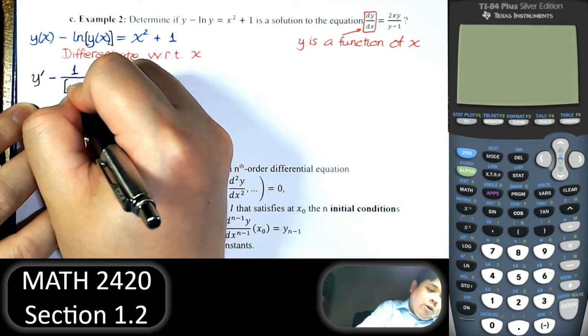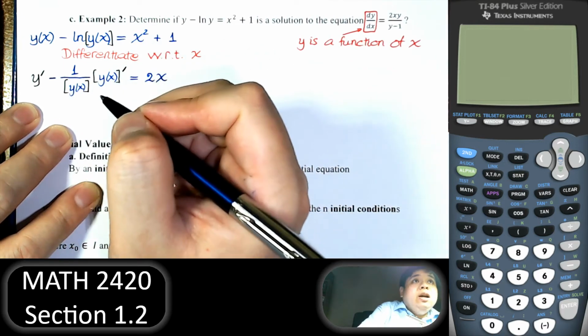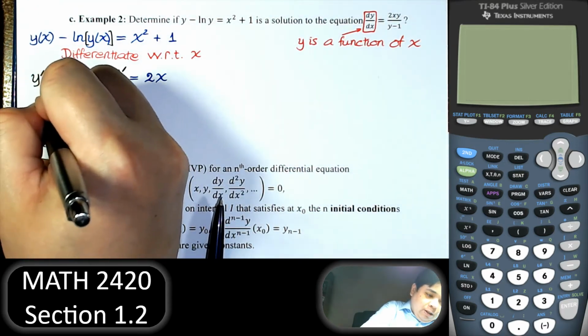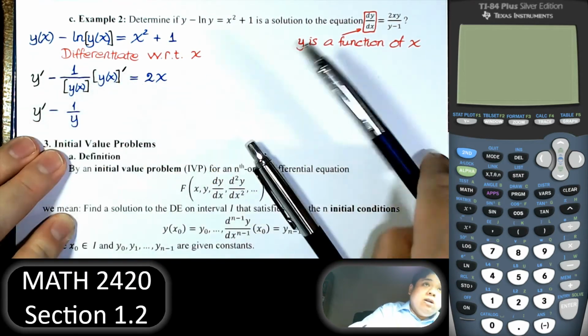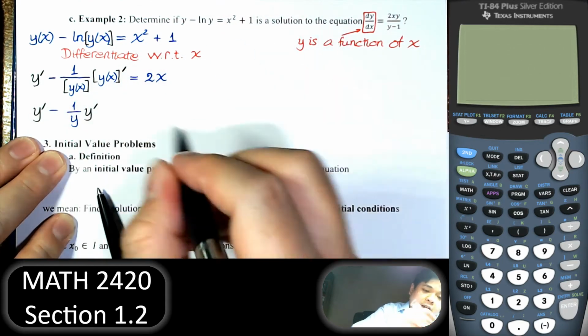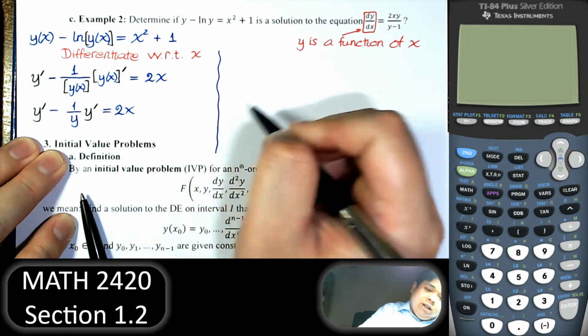So I have y sub x. Right. So we have y prime minus 1 over y, and the derivative of y, equal to 2x. Right, I continue over here.